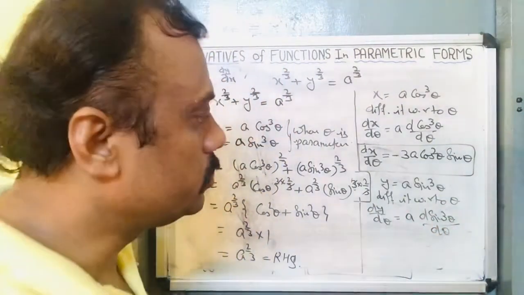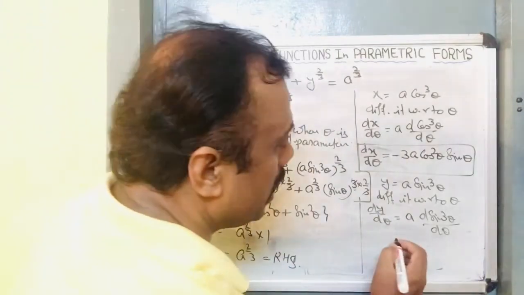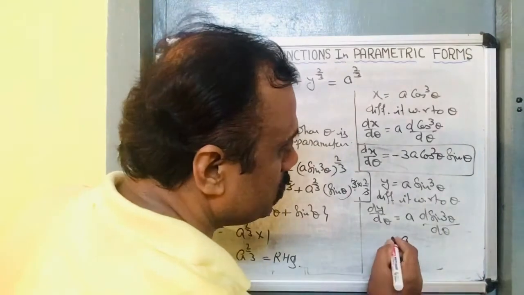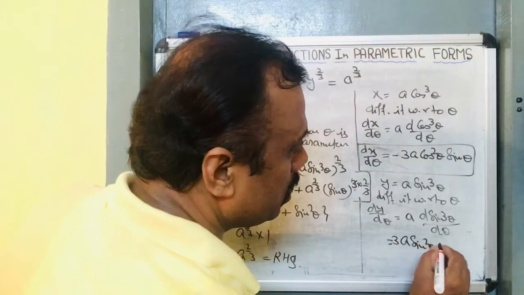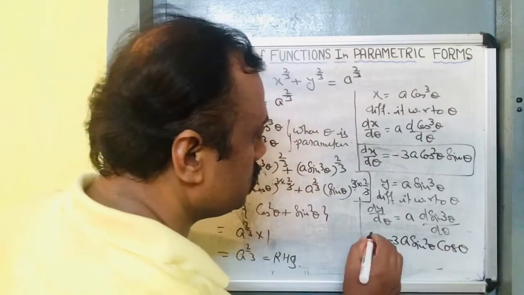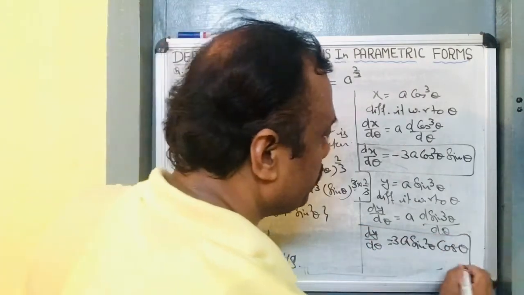Again I am going to do it directly using the chain rule. I can write 3a sine square theta into the derivative of sine theta, which is cos theta. So d by d theta of y is this one.